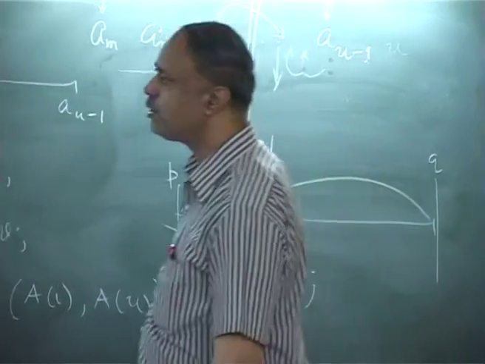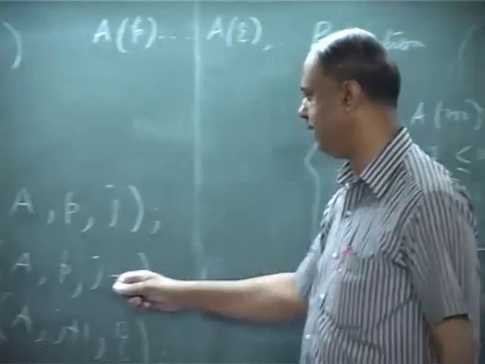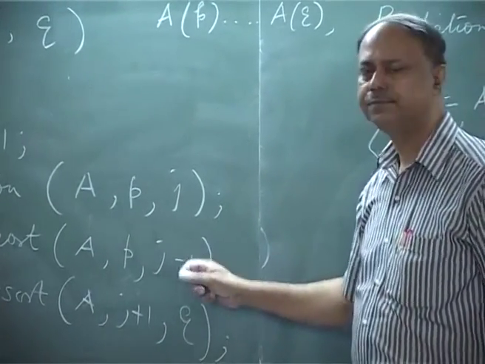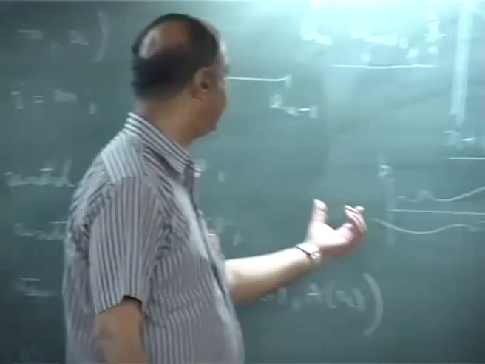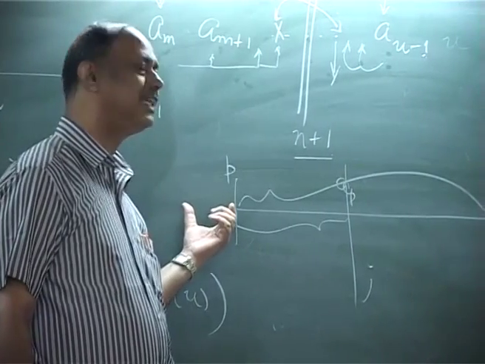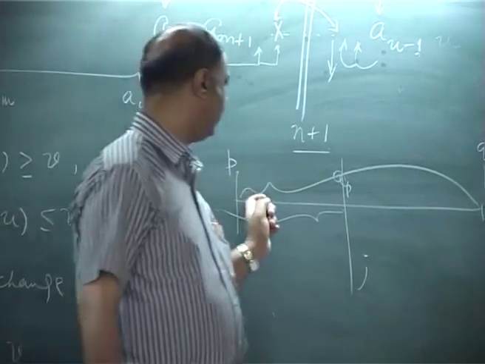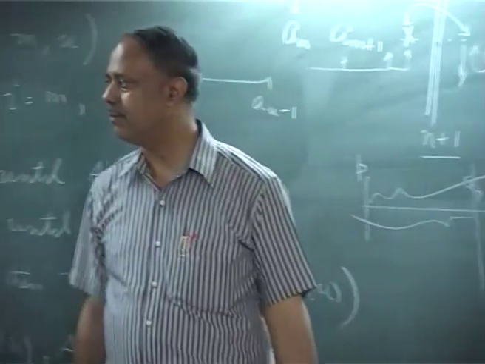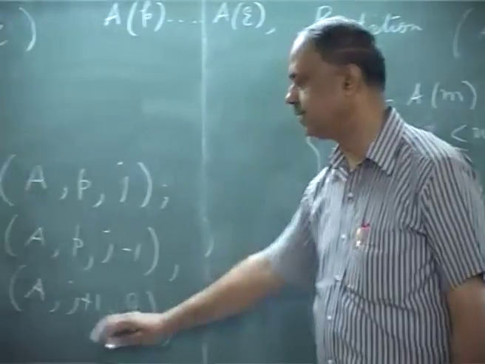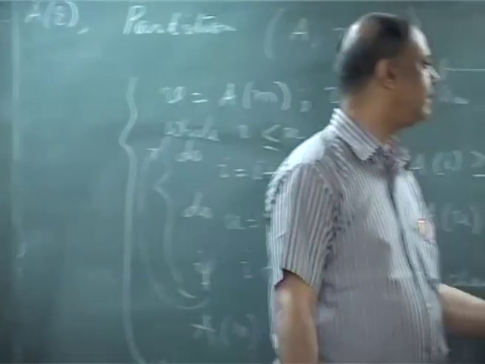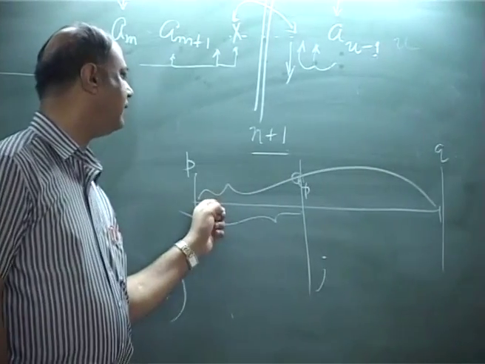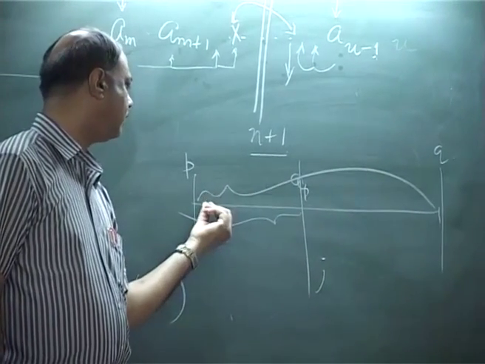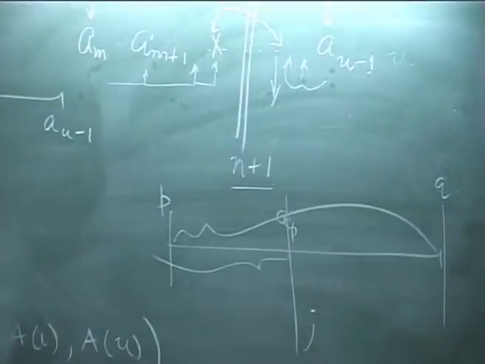Then this quicksort will not have any meaning because there does not exist any elements to this side, and you have the remaining n minus 1 elements to be sorted. Again, in the next iteration you may have that all these elements are larger than this element, and so on.